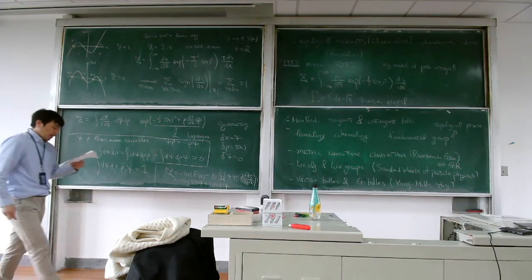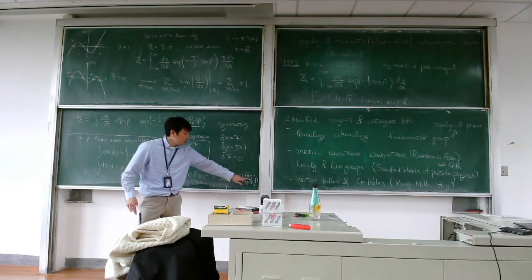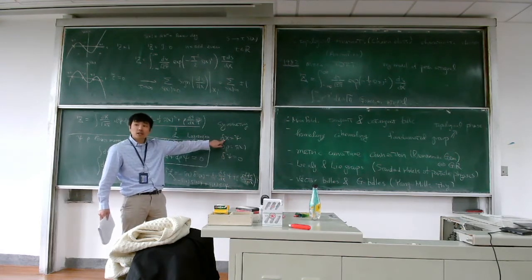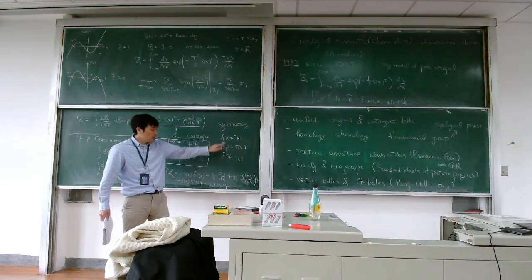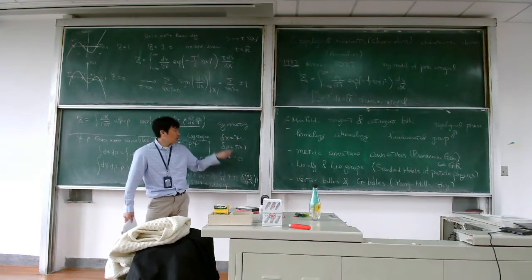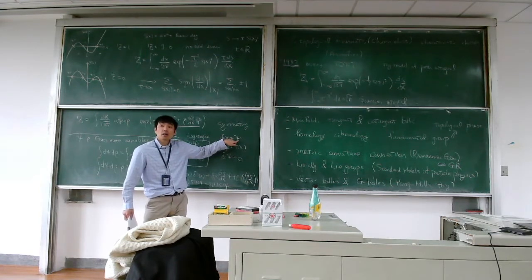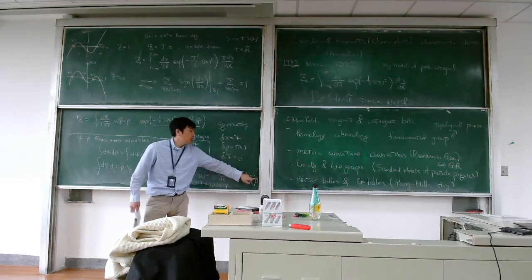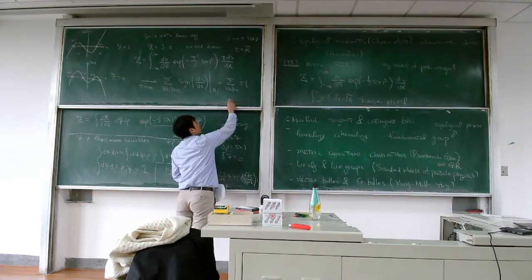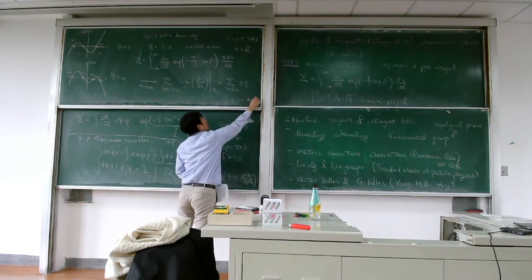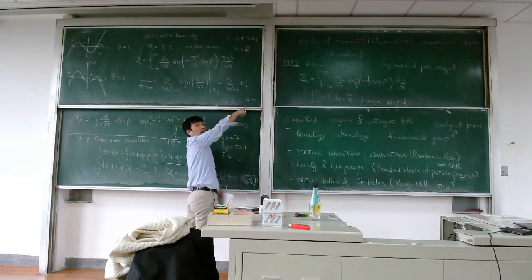And then since ds dx is some function of x, but the transformation of x will give you psi. If you have two psi, it's a Grassmann variable. Psi psi is equal to minus psi psi. If you swap them together, you get the minus sign. So therefore, psi psi should be 0.